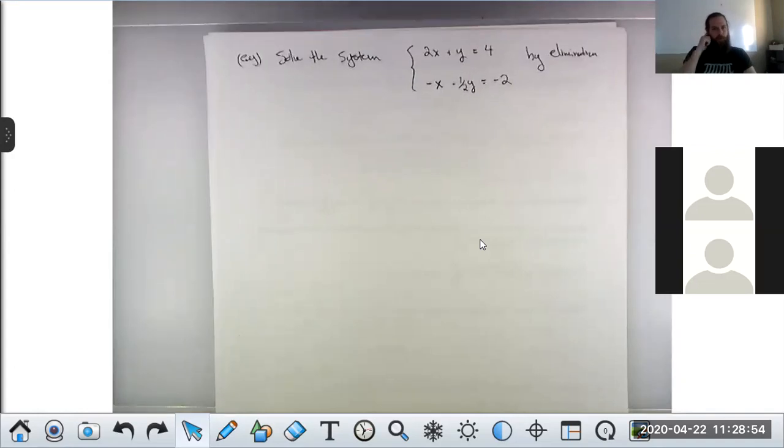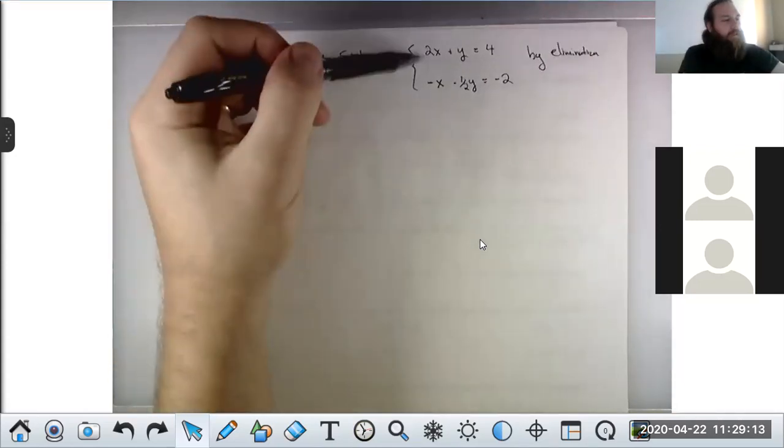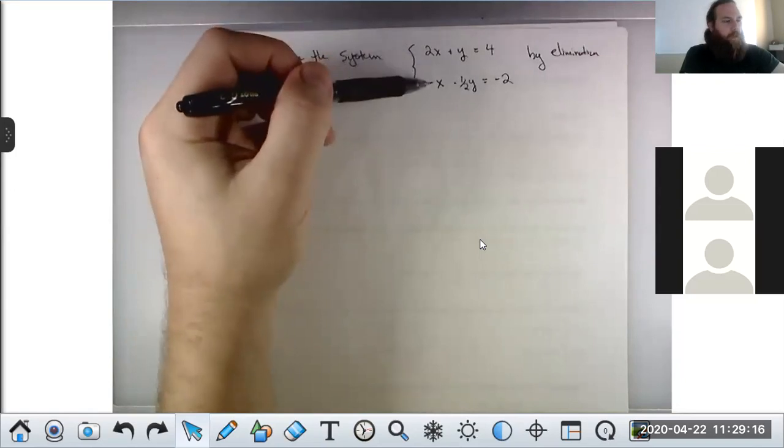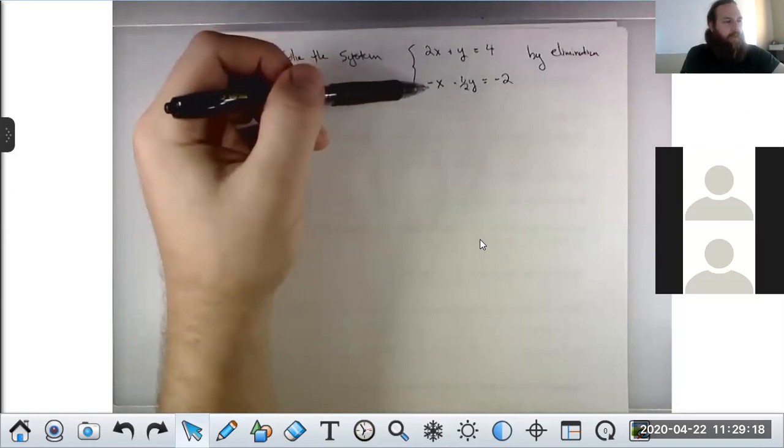And I would be interested to see what happens if I try to run my normal elimination algorithm here. That is, I multiply through one of the variables by a constant to try and make it the negative of the constant associated with the other variable, and I add them. So if I wanted to eliminate the x's, I could multiply through this guy by 2.